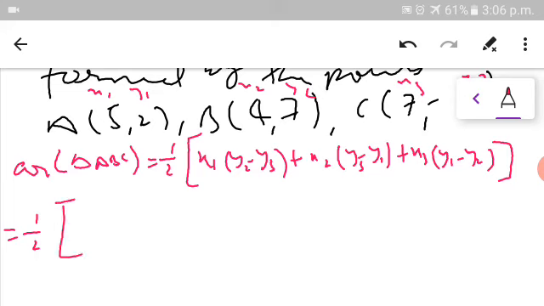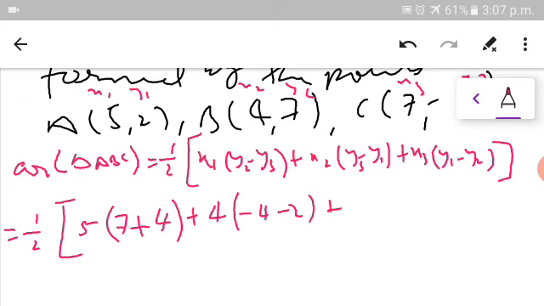So what is x1? That is 5. y2 minus y3: y2 is 7 minus y3 which is minus 4, so minus plus 4. Plus x2 is 4, so this is y3 minus y1. What is y3? y3 is minus 4 minus y1 which is 2.